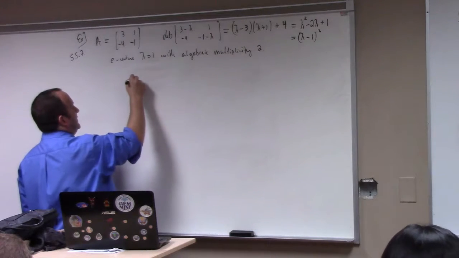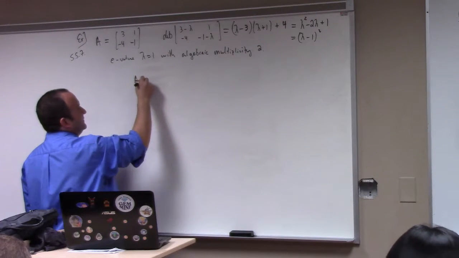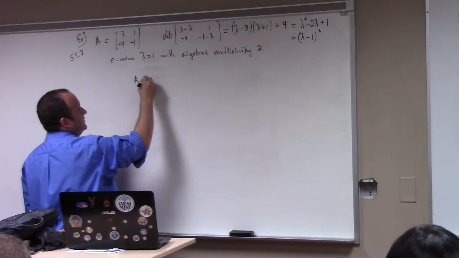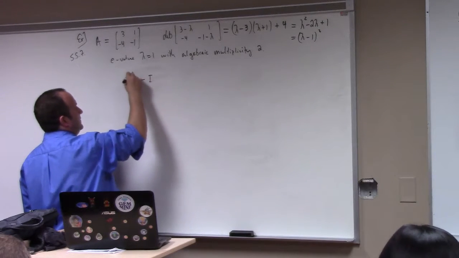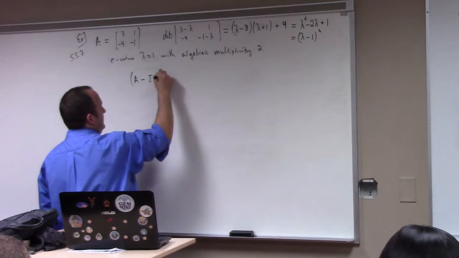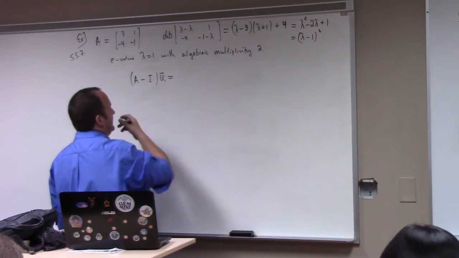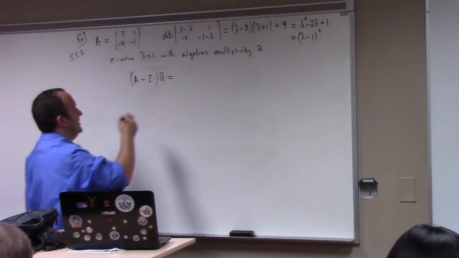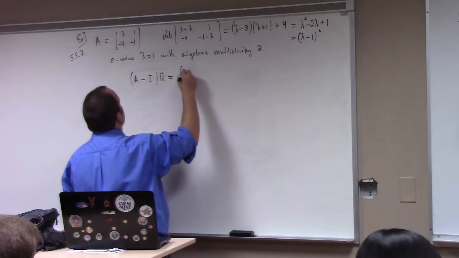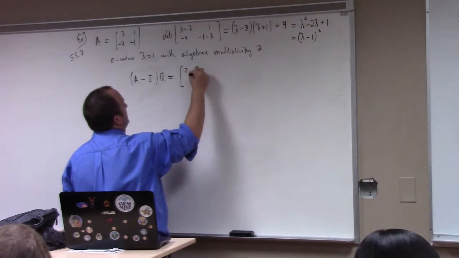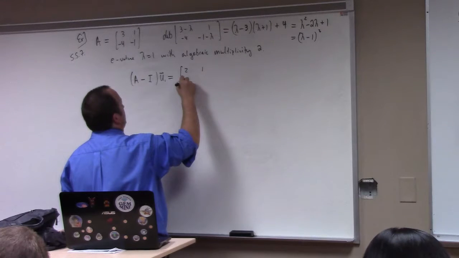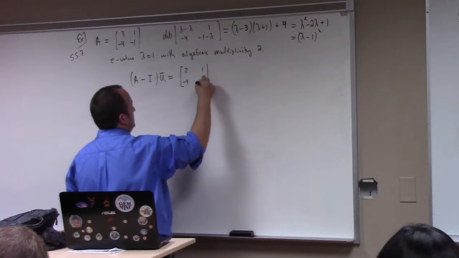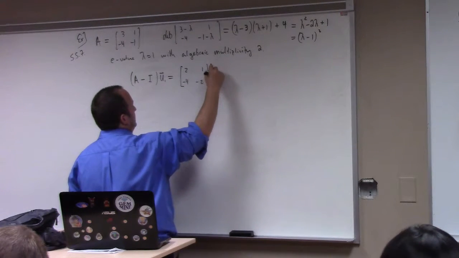Then we look at A minus I times u1, and we try to solve that to look for our eigenvector with eigenvalue 1. What is A minus I here? This looks to me like 2, 1, minus 4, minus 2, times my eigenvector u, v.